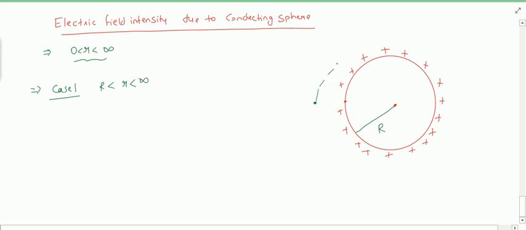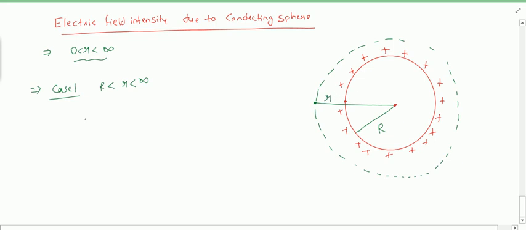So I have to consider a Gaussian surface. Let us say I have considered this sphere as my Gaussian surface, which has radius small r.